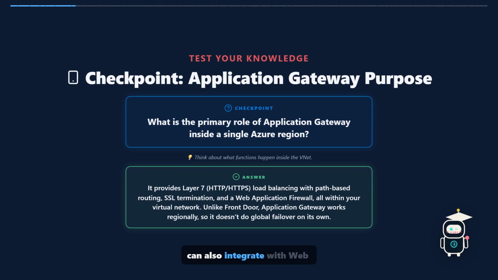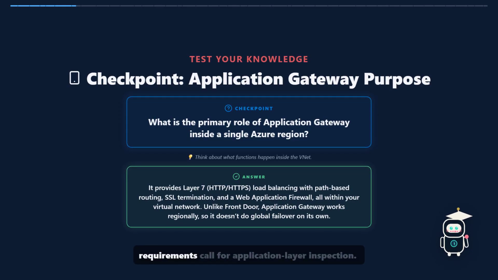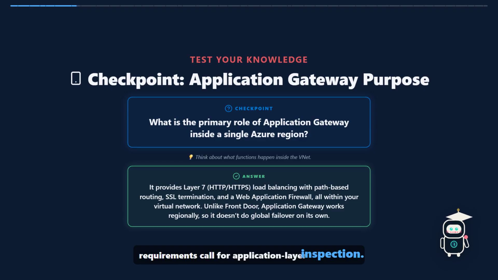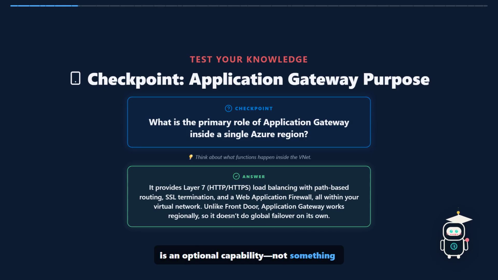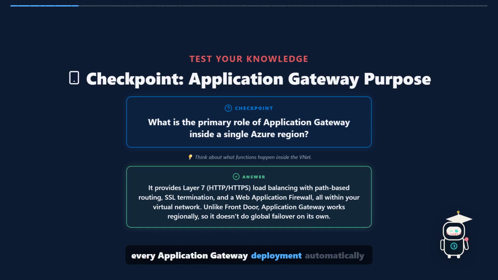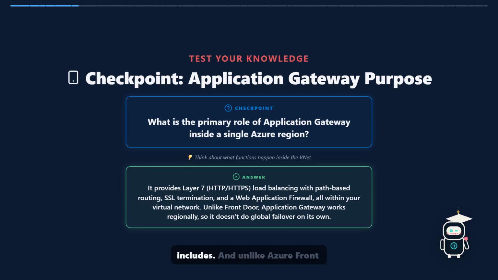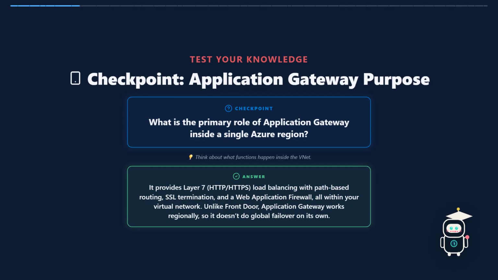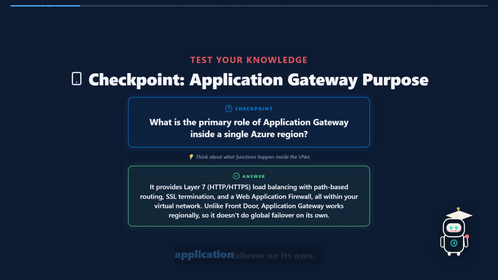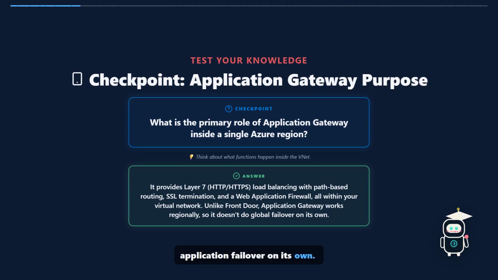It can also integrate with web application firewall when your security requirements call for application layer inspection. That's an important distinction. WAF is an optional capability, not something every application gateway deployment automatically includes. And unlike Azure Front Door, Application Gateway is regional, so it doesn't provide global application failover on its own.